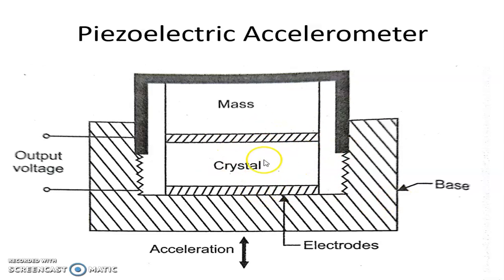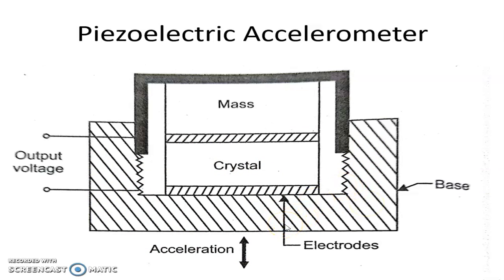As you can see in the diagram, there is a piezoelectric crystal sandwiched between two electrodes. Since we are using a piezoelectric crystal here, it is called a piezoelectric accelerometer. A mass is kept over this crystal, and the crystal is connected to the solid base through springs.